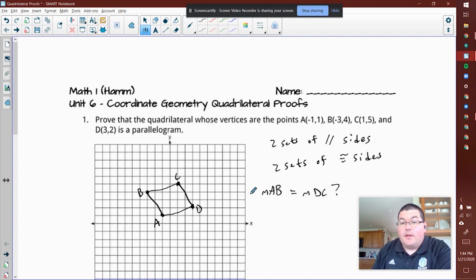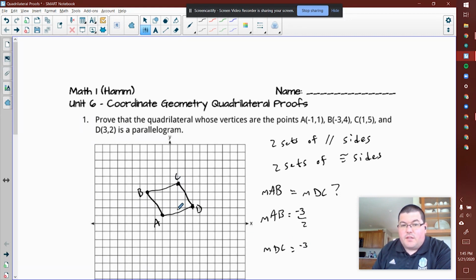Let's figure that out. The slope of AB, the rise here is -3. The run is 2. The slope of DC, the rise is 3, again in the negative.